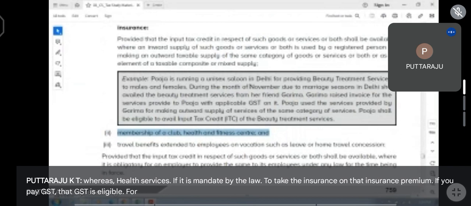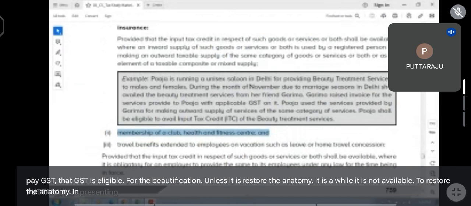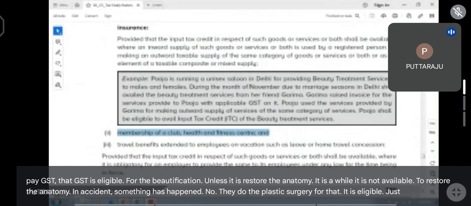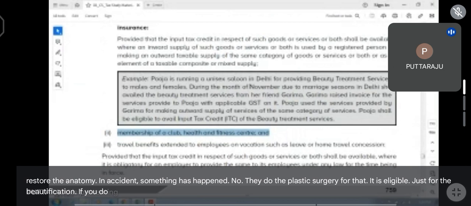For the beautification, unless it is to restore the anatomy, it is not available. To restore the anatomy, if something has happened in an accident, they do the plastic surgery, for that it is eligible. Just for the beautification, if you do the plastic surgery and all on which GST is paid, it is ineligible.